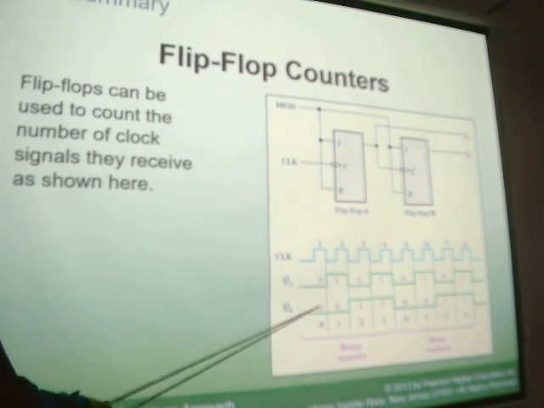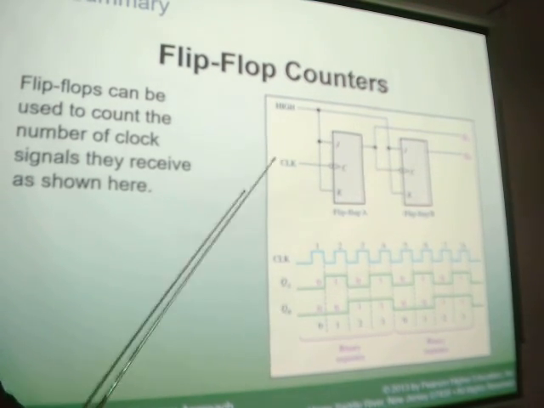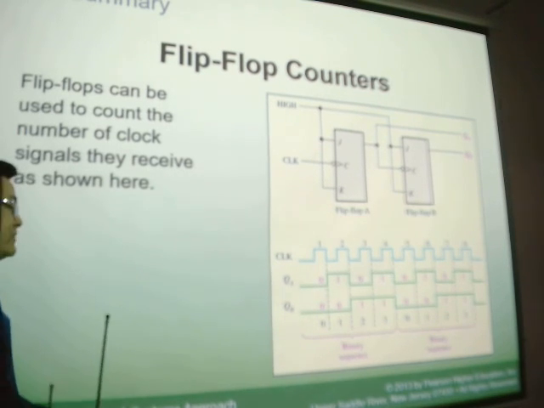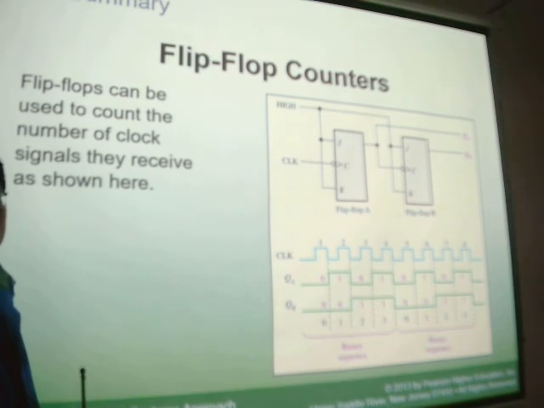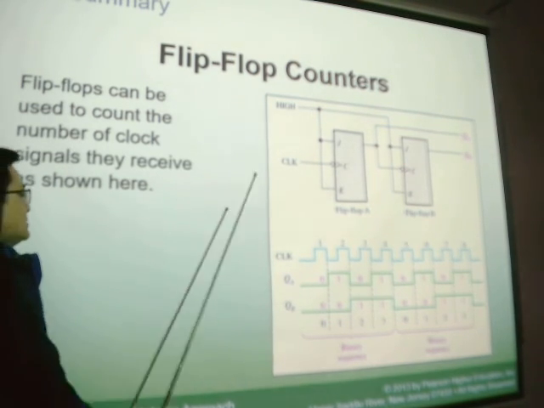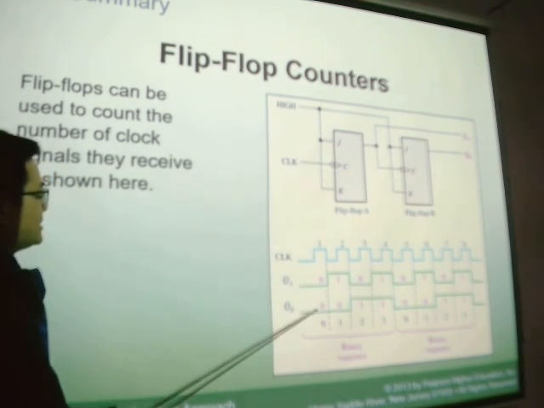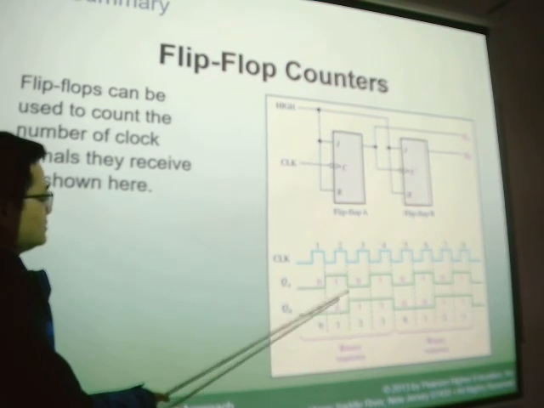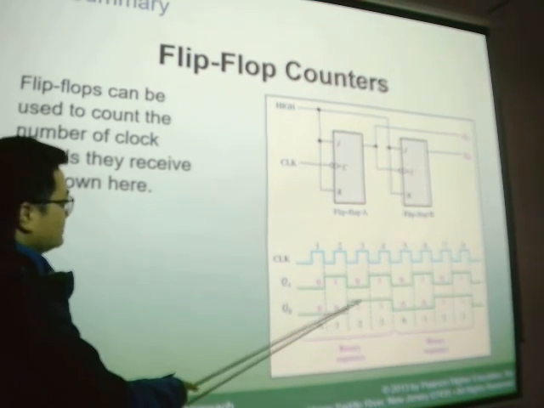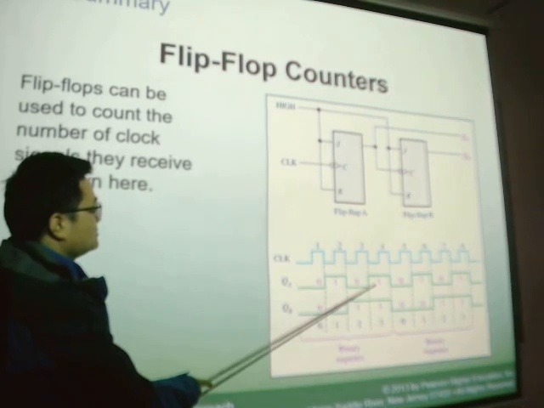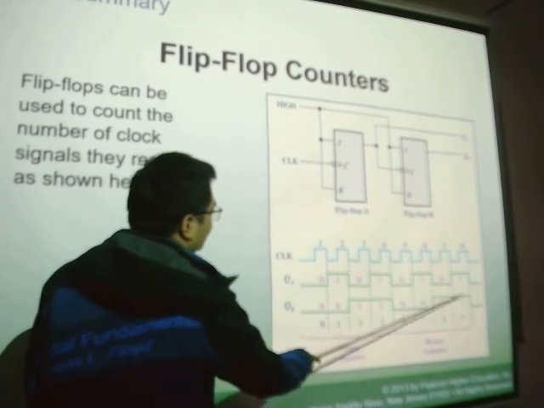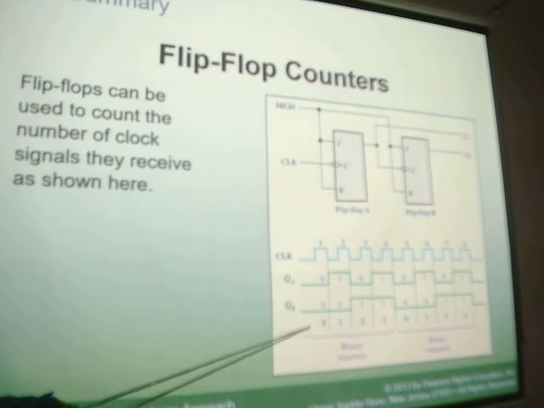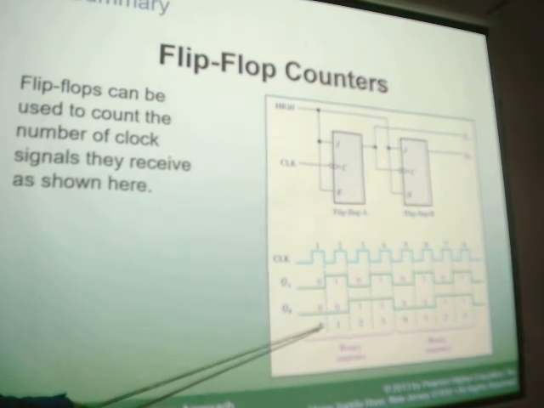If we read the 2 bits as a decimal number, the combinations are 00, 01, 10, 11, 00, 01, 10, 11. The decimal number for the first combination is 0.